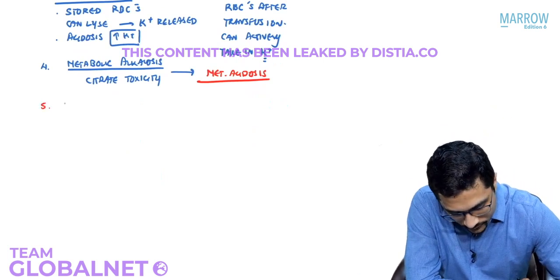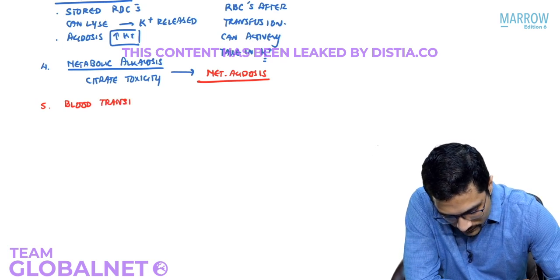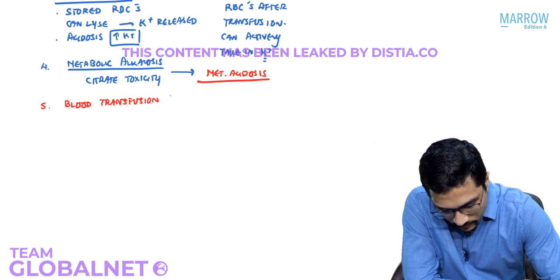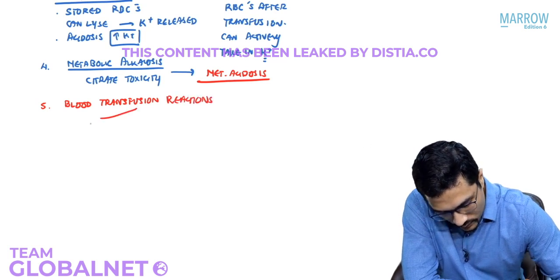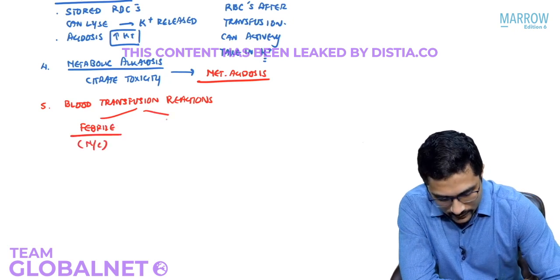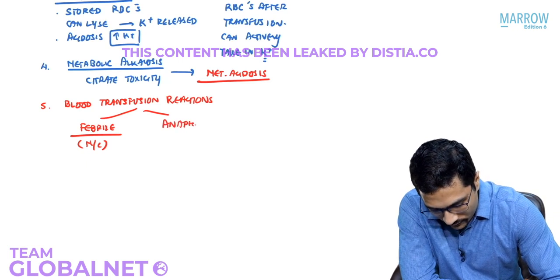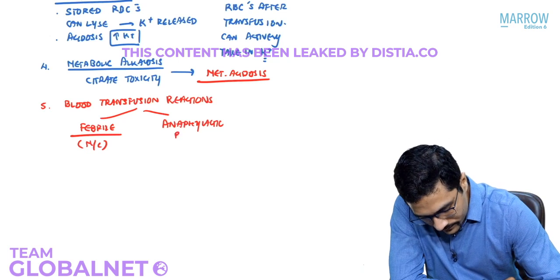Of course, you can have blood transfusion reactions. Because we are giving so much blood, you can have febrile reactions, which are the most common, and rarely you can also have an anaphylactic reaction if there is a mismatched blood transfusion.